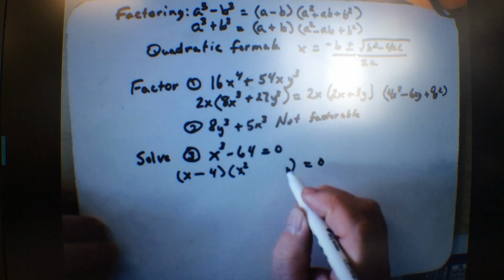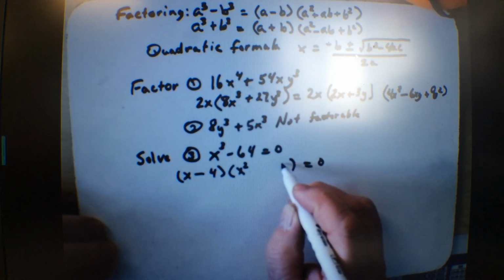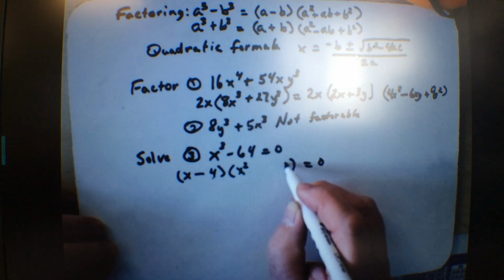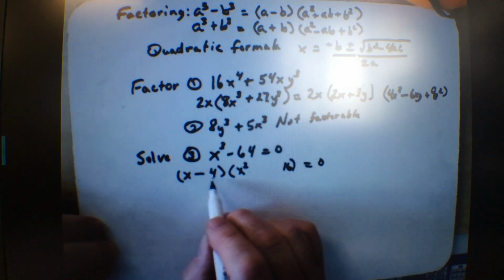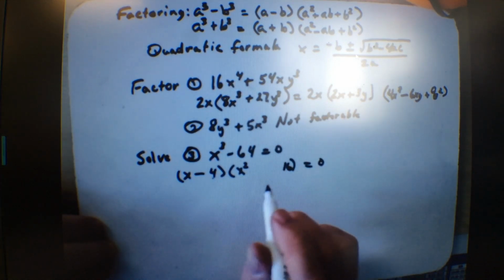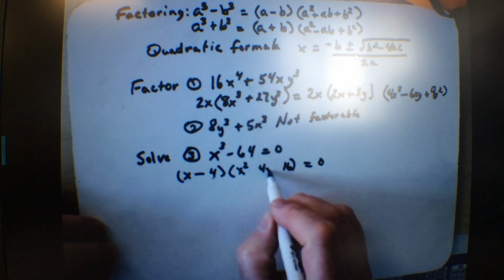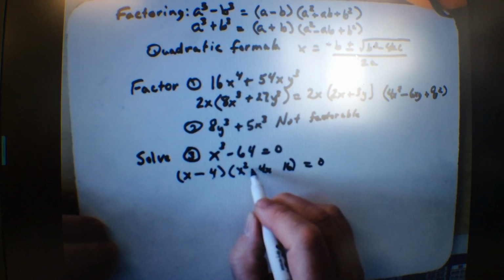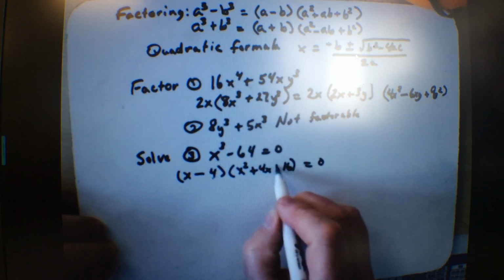And the last one? Oh, 4 squared, 16. And then the middle term is the product of the two, so it would be what? 4x. And what's the sign? Plus. Alright.